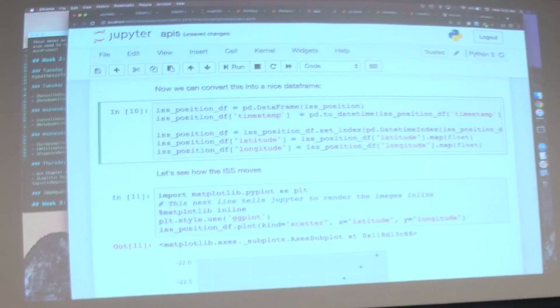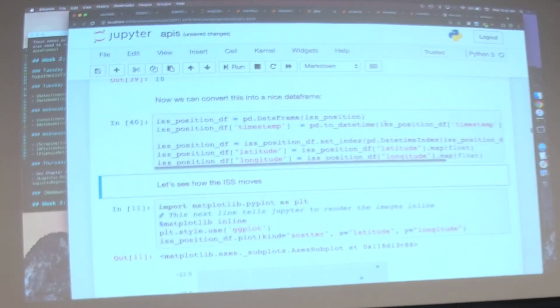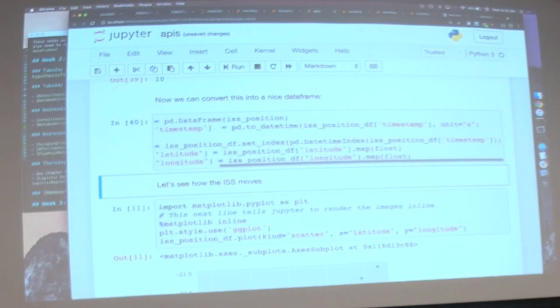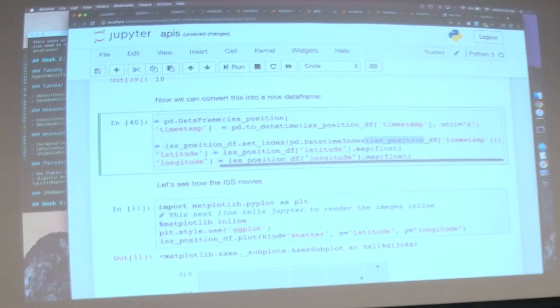Okay. So now if we put this in a data frame, so we're just loading this. We're converting our timestamps to datetime objects, so if we wanted to do more intelligent date processing, we could do that. We're indexing by the time, so we're saying that that should be our index for the table.